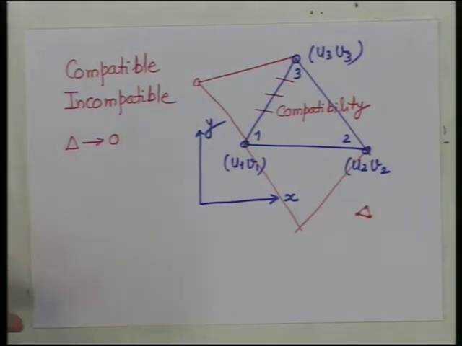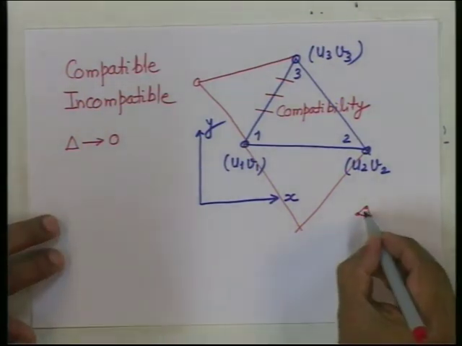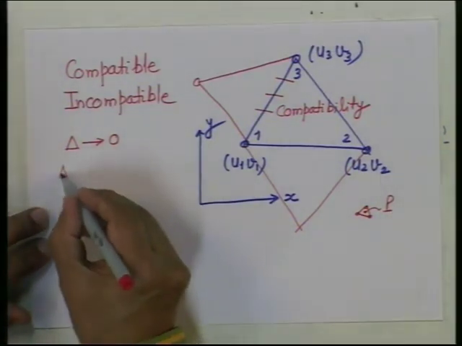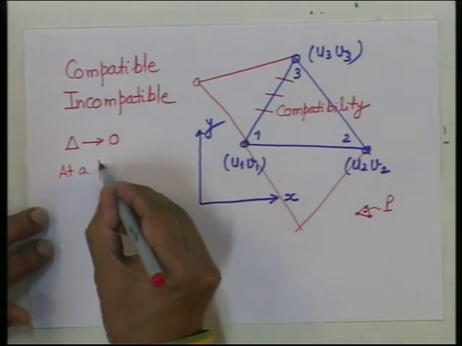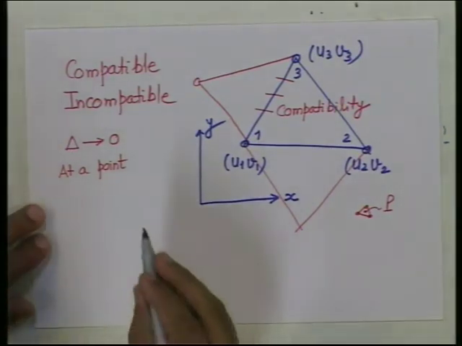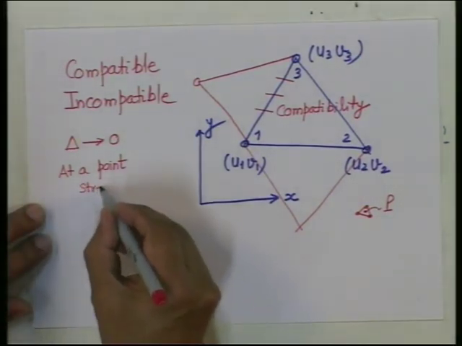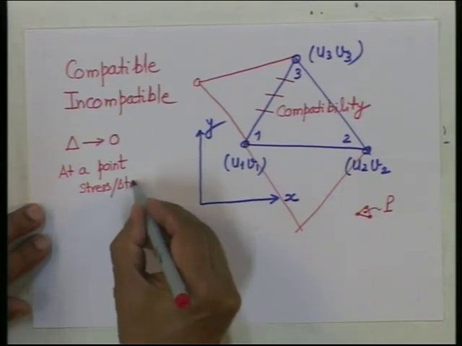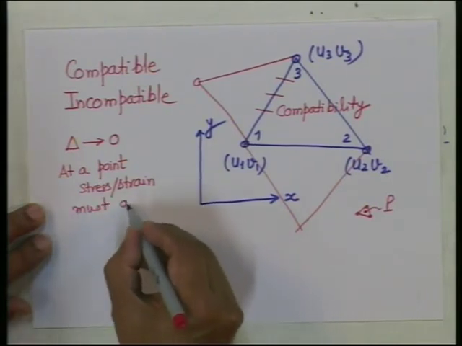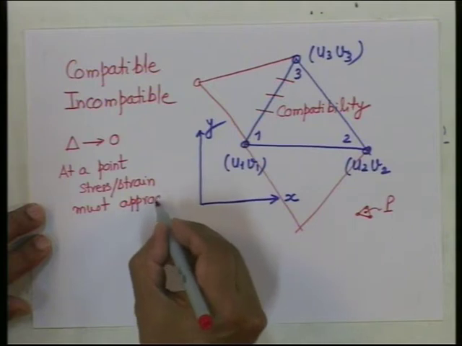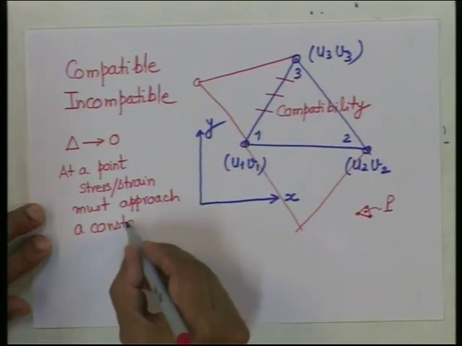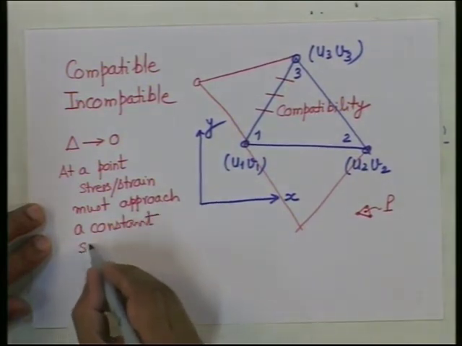In that case, area size reducing means it is a point P. At a point, whichever element you are using in whichever field, stress and strain must approach a constant state.